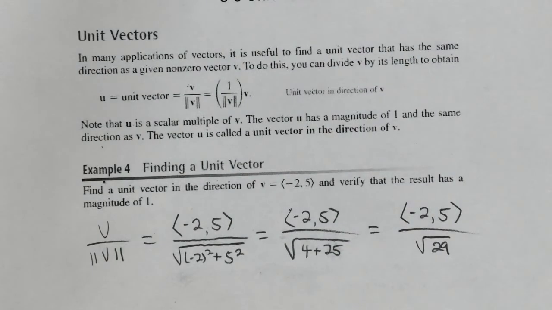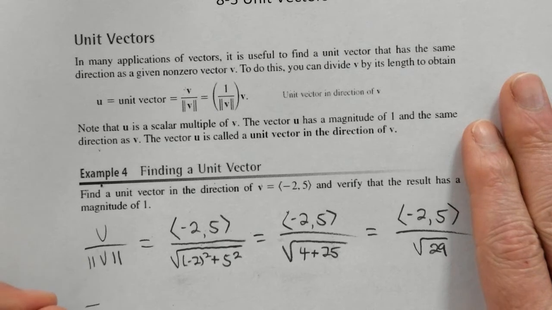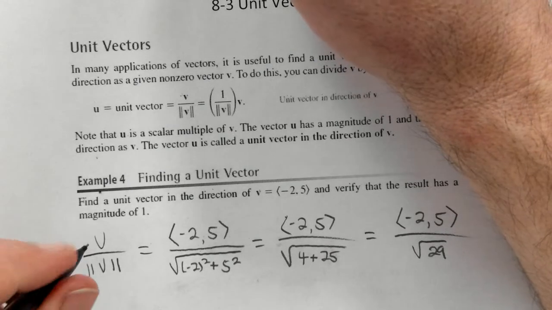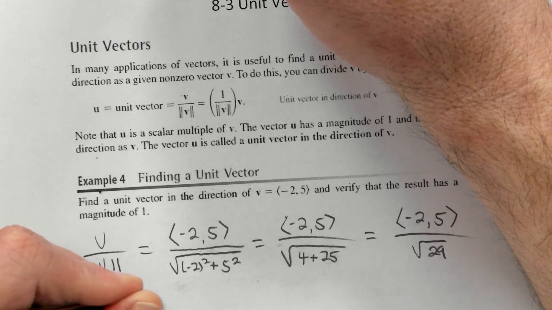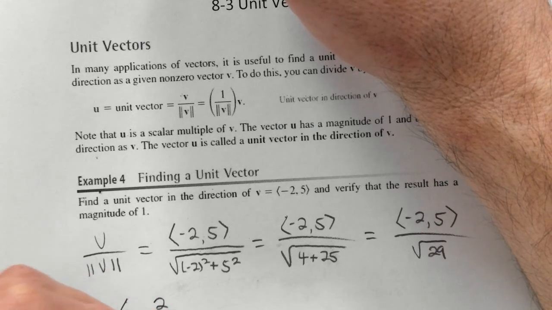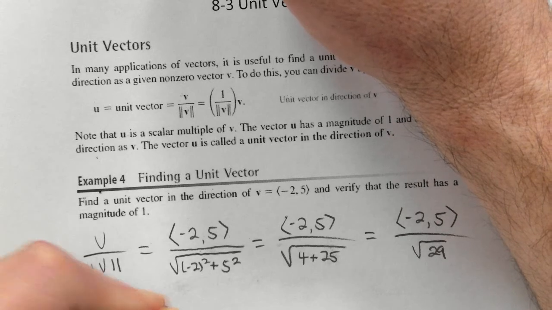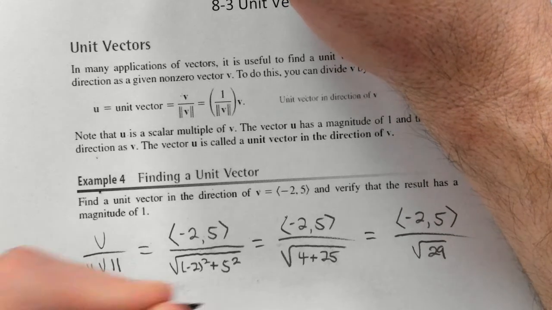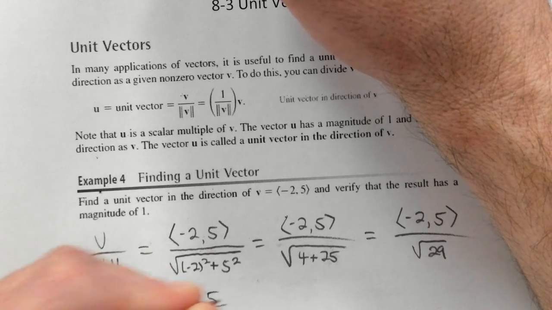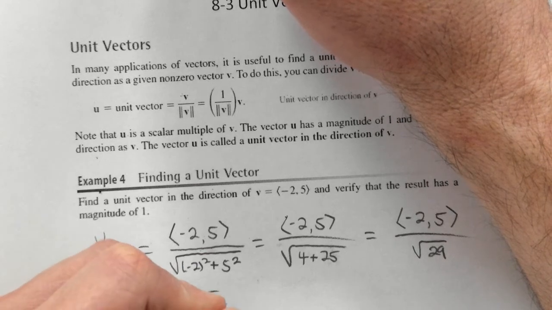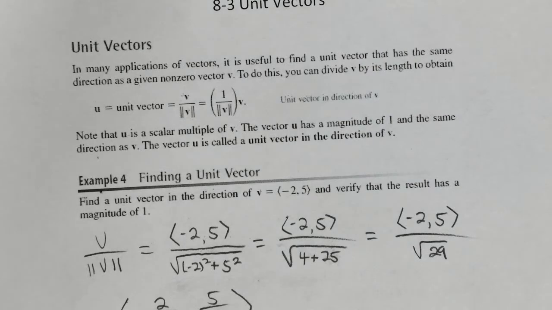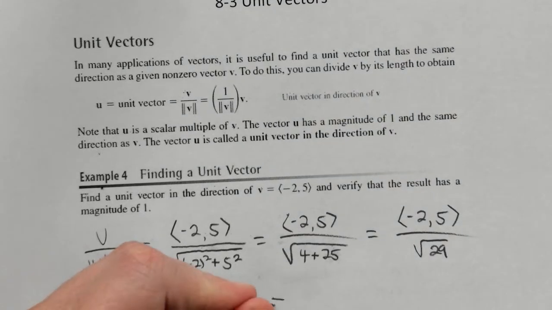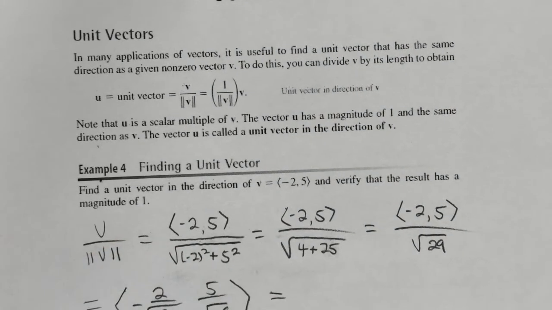Okay, so from here we have a component form of -2 over the square root of 29, comma, 5 over the square root of 29. We need to clean this up a little bit because we don't want the root in the denominator.